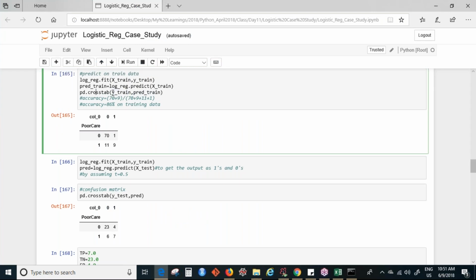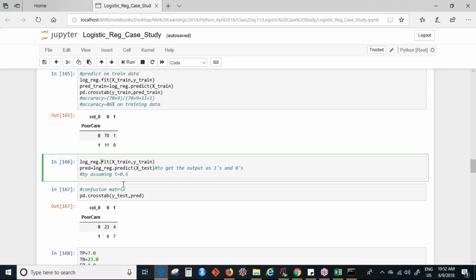So pd.crosstab, I give my training data first and then my predicted values, and I get my confusion matrix. From this I can compute my accuracy and everything. I have computed accuracy here, 70 plus 9 divided by total, so 86% is the accuracy.